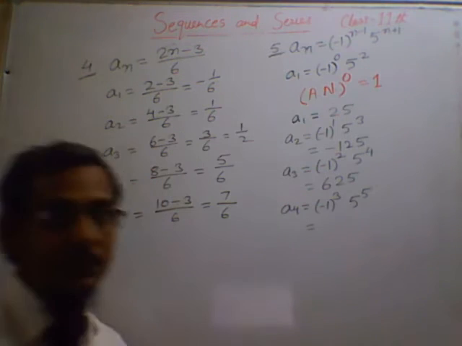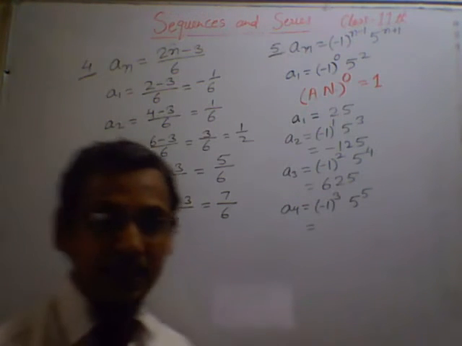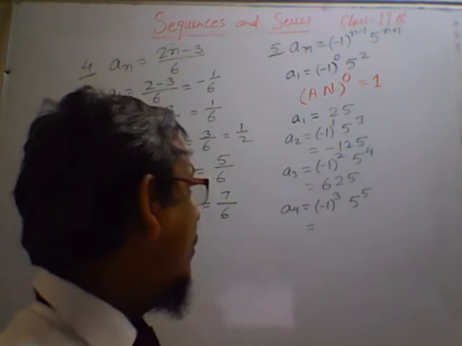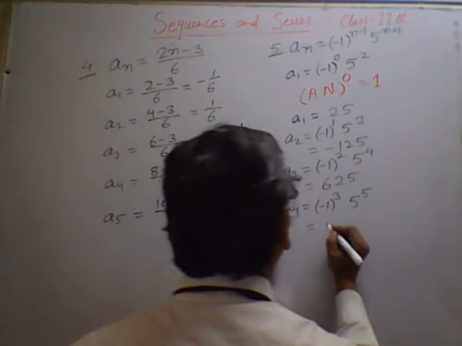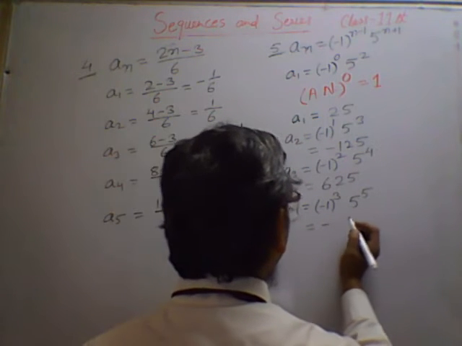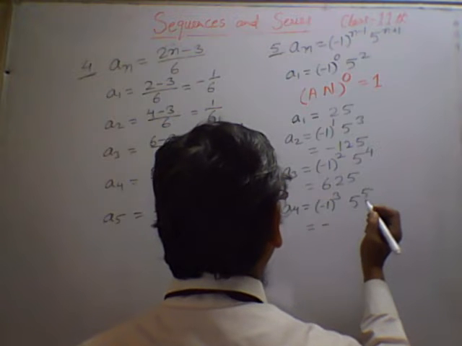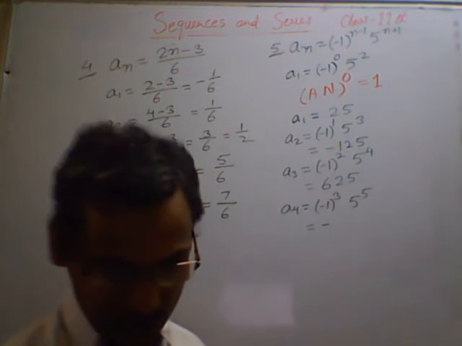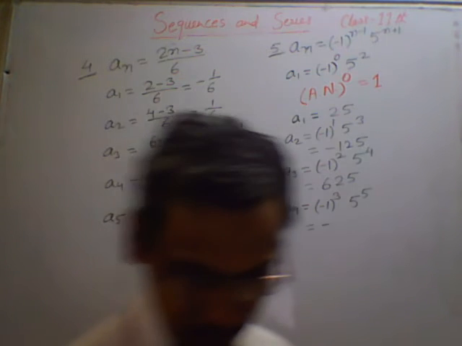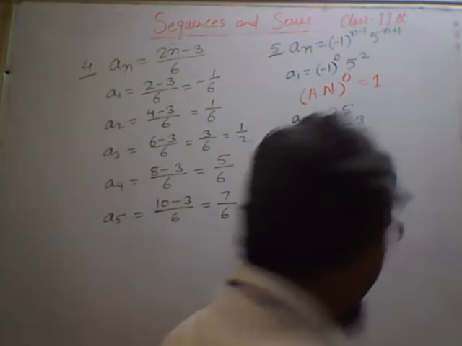As I told you earlier, minus 1 raised to an odd power will be a negative number. So it will be minus 625 into 5. It will be 3125.